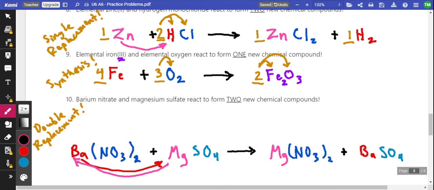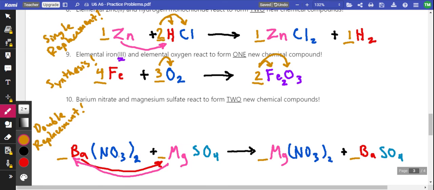Okay, and now all I have to do is balance. All right, so let's see. Ba(NO3)2. Let's do barium first. I have one barium on the left side, one barium on the right side. Okay, well, that's good. So I don't have to change that. What about nitrate?